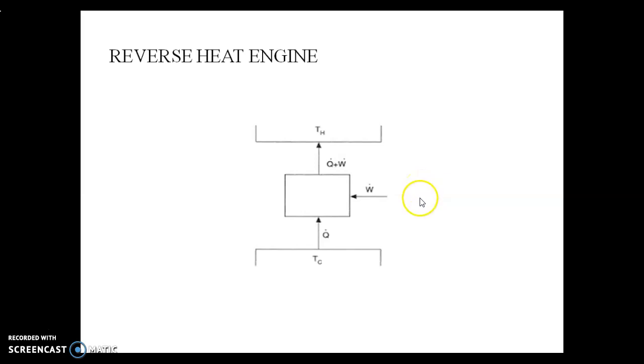So the heat always flows from the high temperature body to the low temperature body. Here the high temperature body is the atmosphere. Heat always flows from the atmosphere to the refrigerated space. An equal amount of heat is transferred from the low temperature body to the surroundings by the refrigerating unit, maintaining the temperature of the refrigerated space lower than the surroundings.